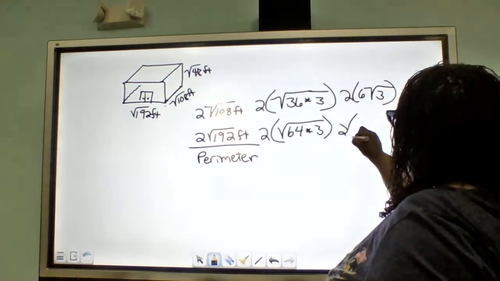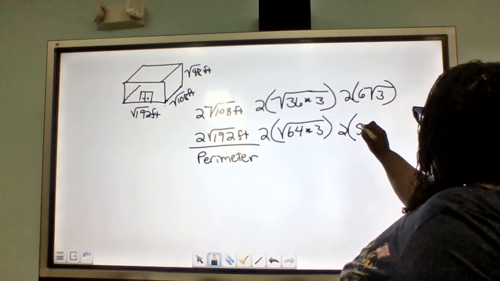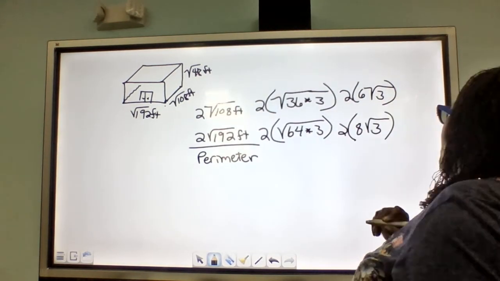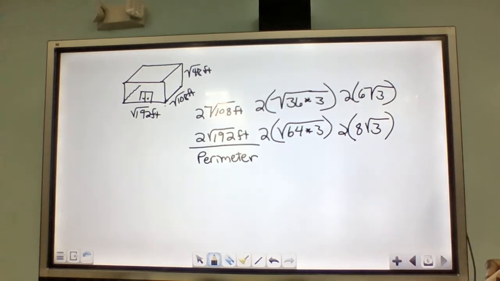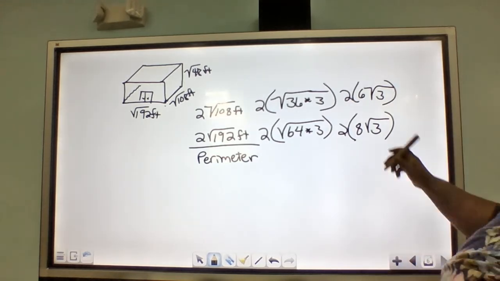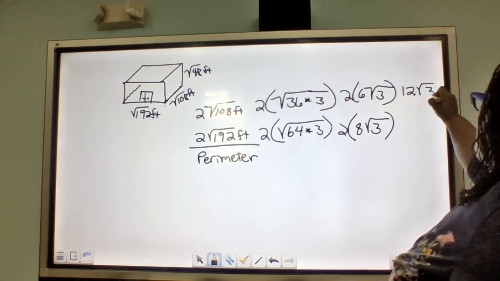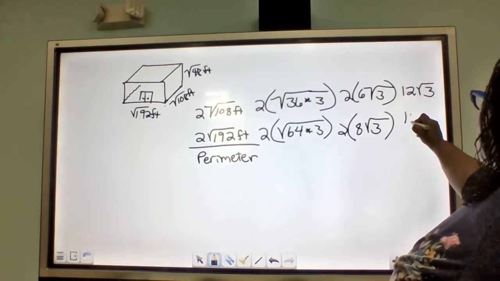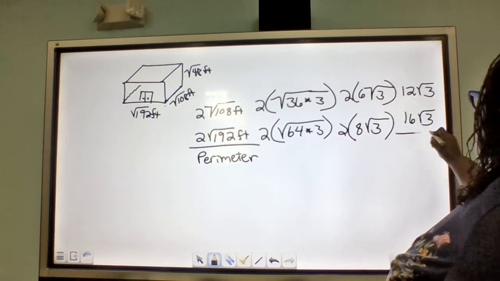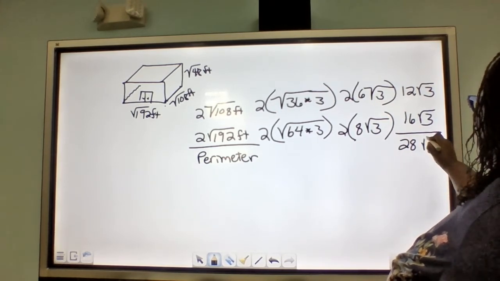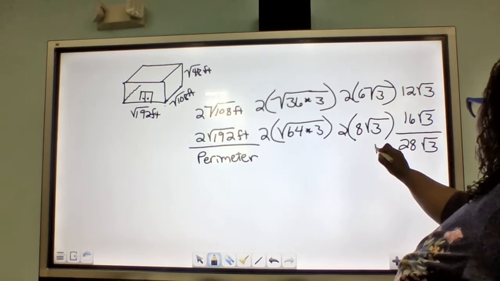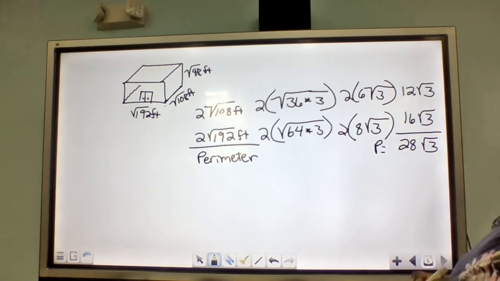The 2, pull the 8 out, square root of 3, okay? Now, with that in mind, 2 times 6 will give us 12 root 3, and 2 times 8 will give us 16 root 3. Add together, and we have 28 square root of 3, and that's what our P is equal to.